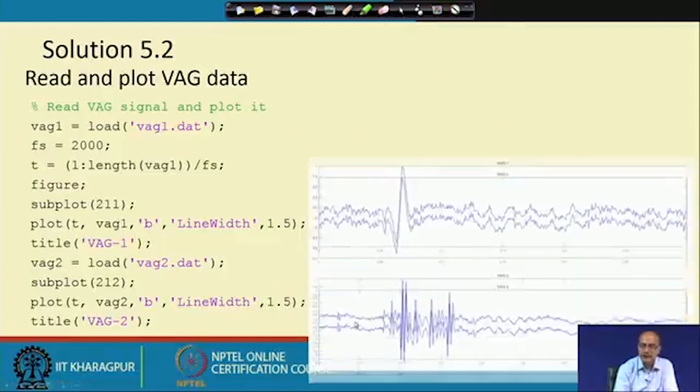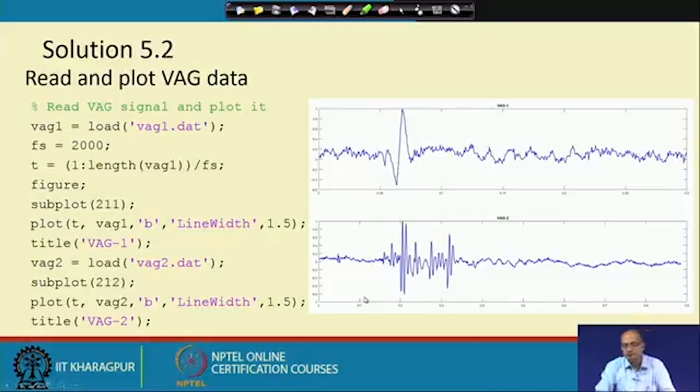So, here we see the plot on the right hand side. Now, what we notice: the two signals are of the same duration? No, not exactly, they are not of the same duration, it is different, and also they actually look much different.